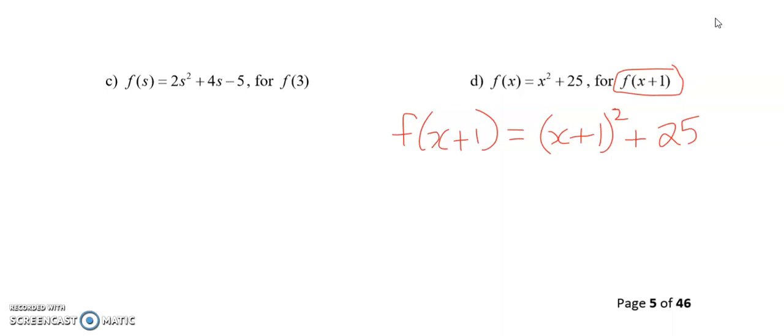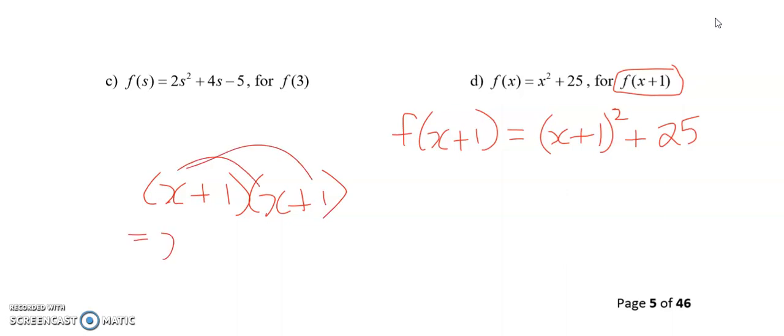And now you have to simplify this. You have to work this out. X plus 1 squared, remember, that's a binomial times itself. That's 4 multiplications, not 2. So x plus 1 multiplied by x plus 1 again. Be careful with that. And if you do your 4 multiplications here now, you'll get x squared plus 1x plus 1x.